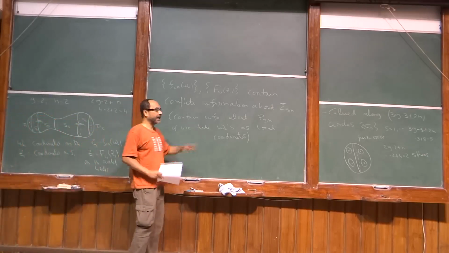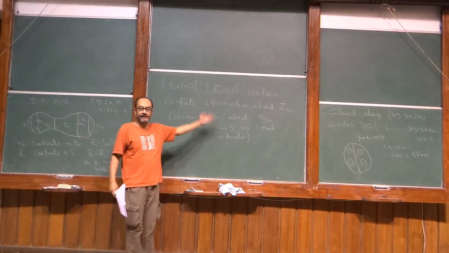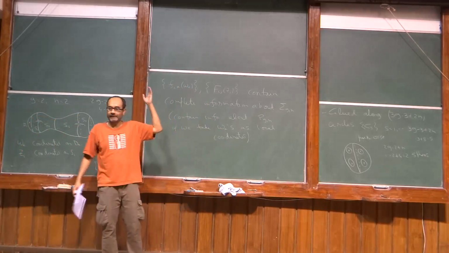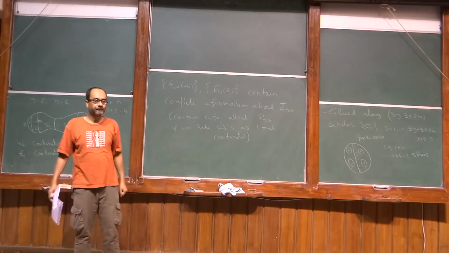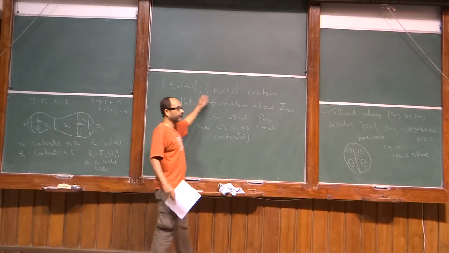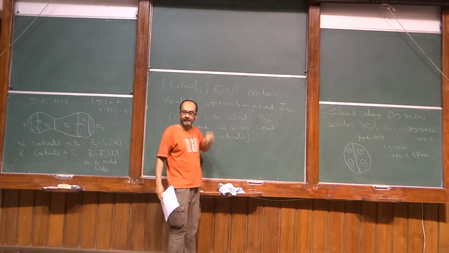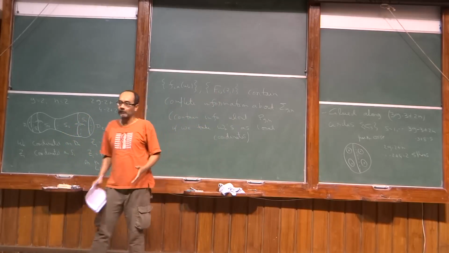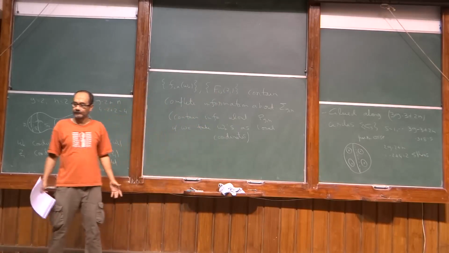Now, of course, this information is highly redundant. Okay? This is an infinite dimensional space. Right? Fi here, the collection of all functions Fi, is an infinite dimensional space, because Fi can be anything. Similarly, the collection of all functions Fij is an infinite dimensional space. So, it is true that this contains complete information about sigma g, but it is highly redundant.